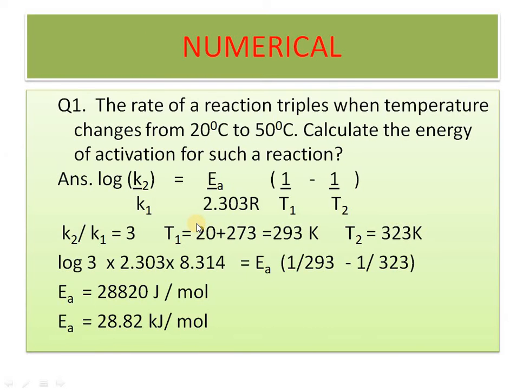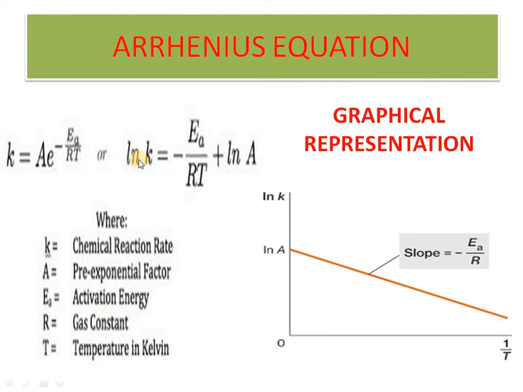So let us do one numerical on this equation. That was the third form of this equation. As I told you earlier, there are 3 forms of the Arrhenius equation. These are actually one and the same thing, just used in different forms of the formula.